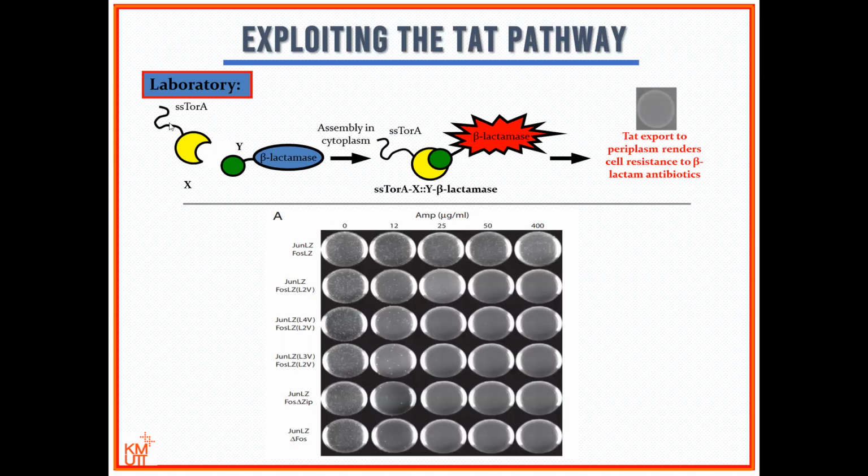The SS-TOA is conjugated with the nanobody, and PCSK9 is conjugated with the beta-lactamase. If a nanobody from the library can bind with the PCSK9 molecule, it will generate a complex of SS-TOA, nanobody, PCSK9, and beta-lactamase.